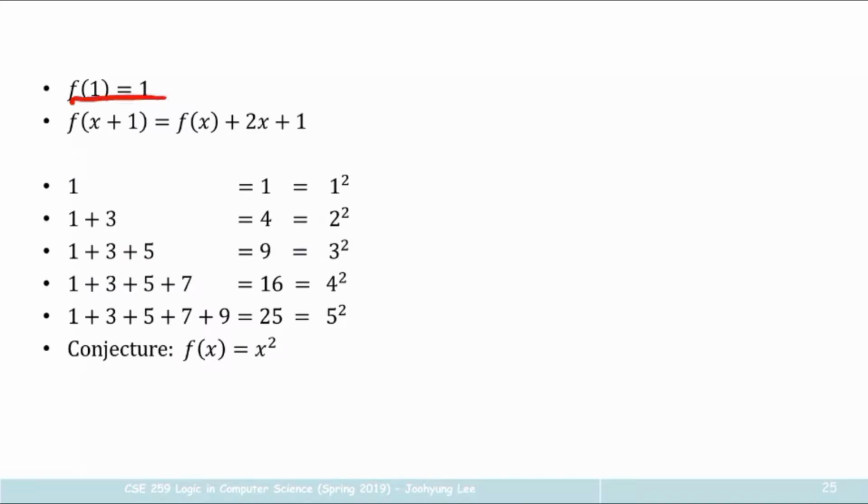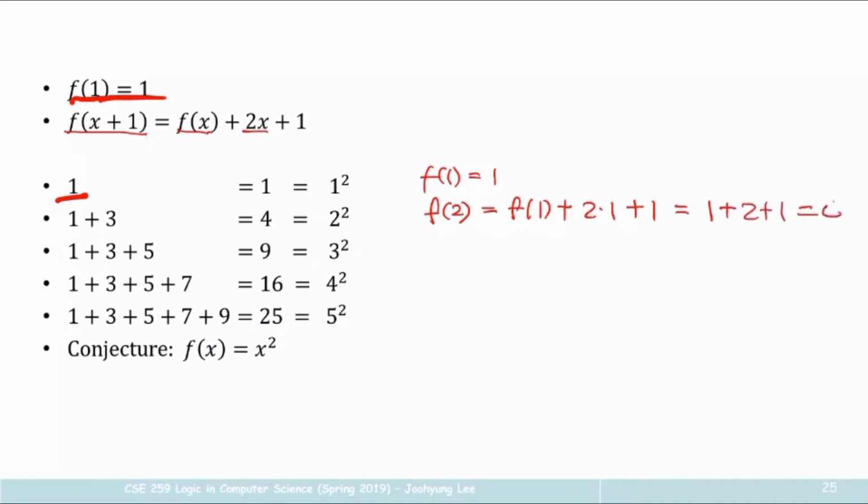f of 1 is 1, right? Now f of 2 is f of 1 plus 2 times 1 plus 1, and this is 1 plus 2 plus 1, which is 4.